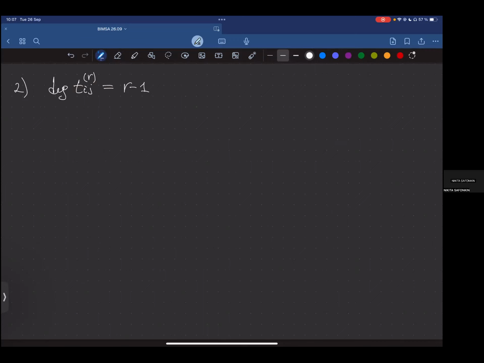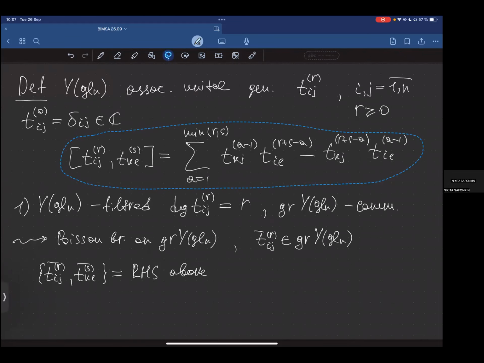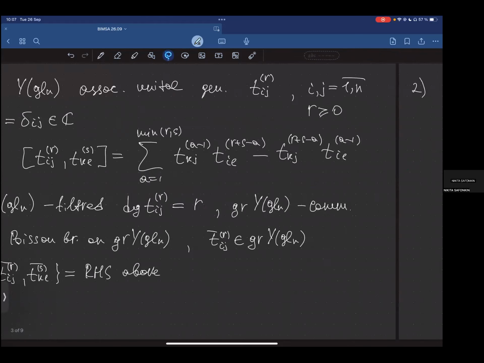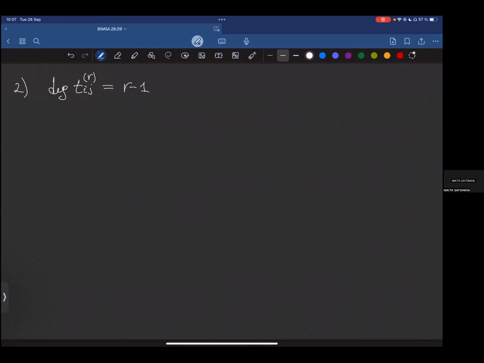But if we look at this expression closer, in fact, we can see that these relations can be rewritten as follows. And plus some terms which are of the form of a product of two terms.